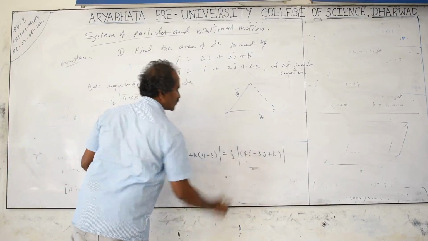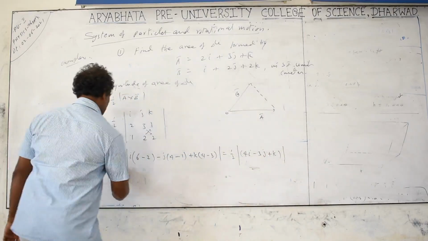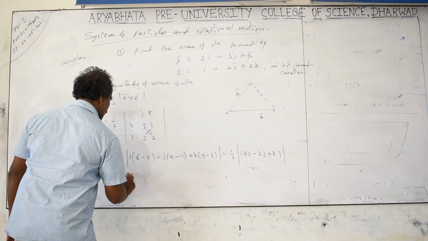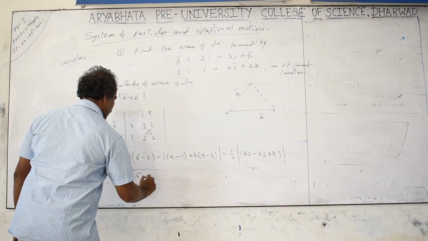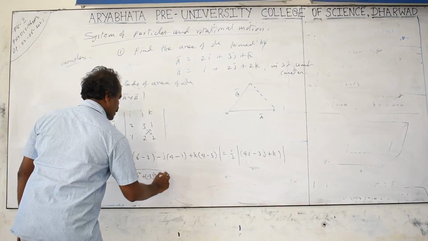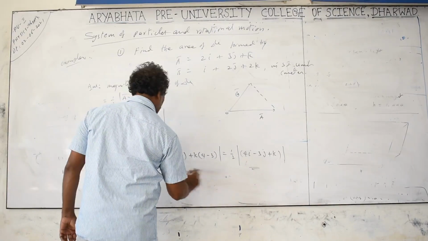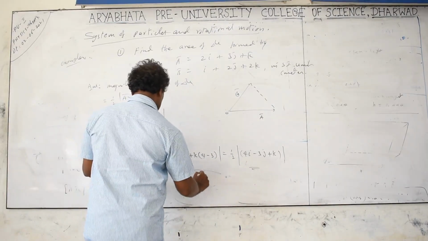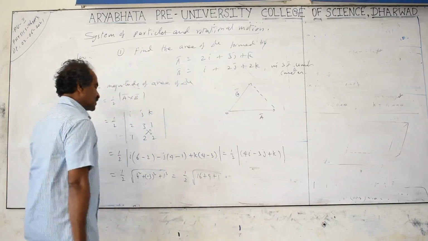Magnitude means under root of 4 square plus 3 square plus 1 square. Half into under root of 4 square plus minus 3 square plus 1 square, which is equals to half into under root of 16 plus 9 plus 1, 10 plus 16 is 26.